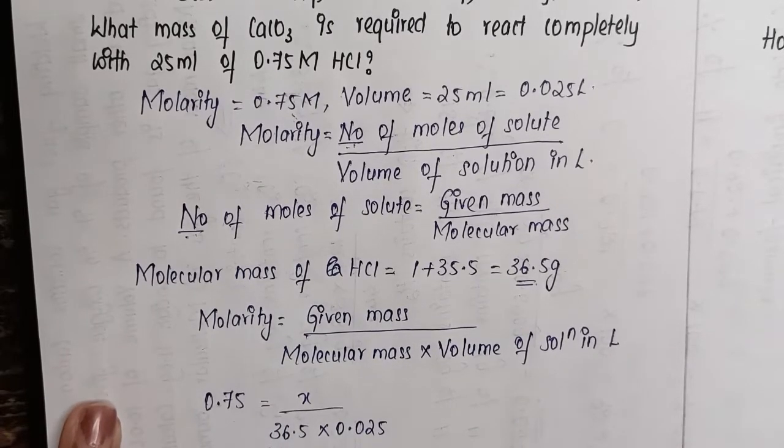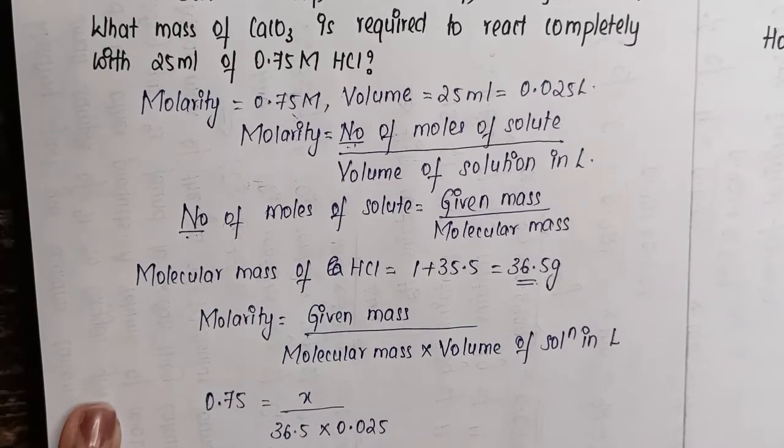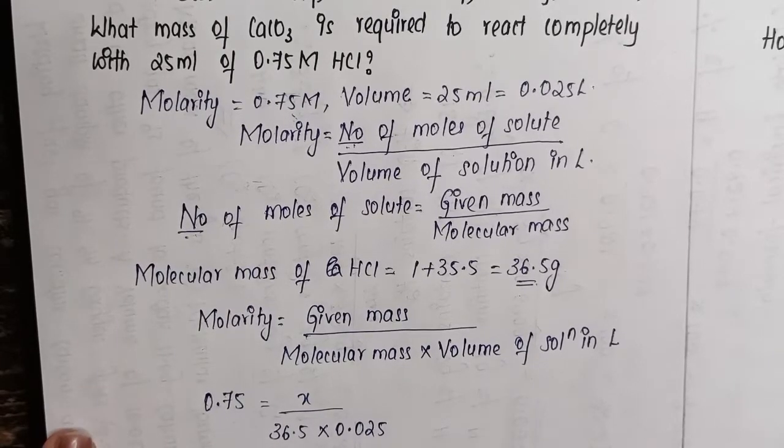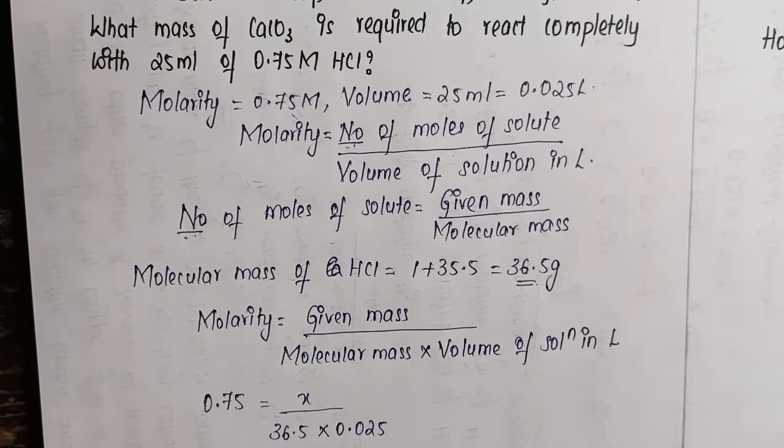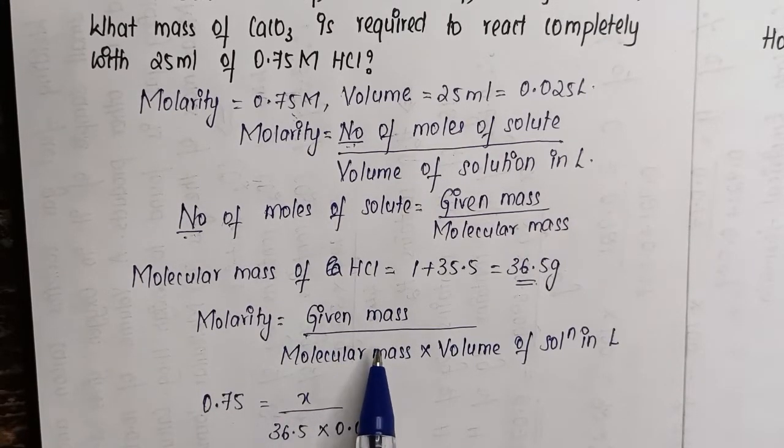Now when we find the X value, it is going to be 0.6843 grams. So this is going to be our value for the given mass from the formula.